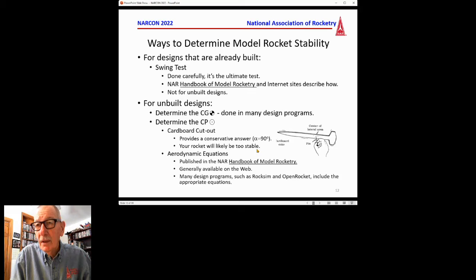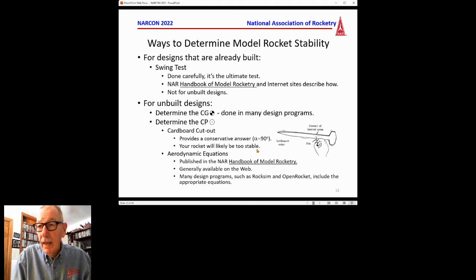If it's much smaller than that, like I said, there's always a chance, because the center of gravity is moving also as your rocket expends propellant, but the center of pressure definitely moves as the angle of attack increases.